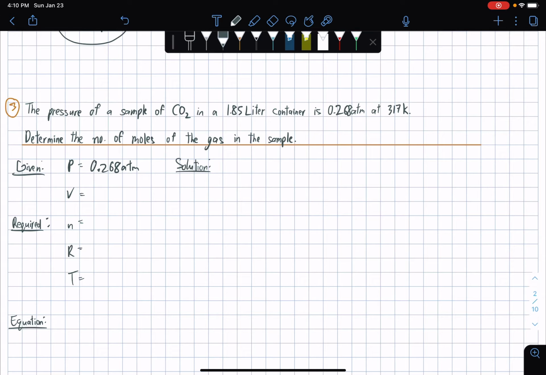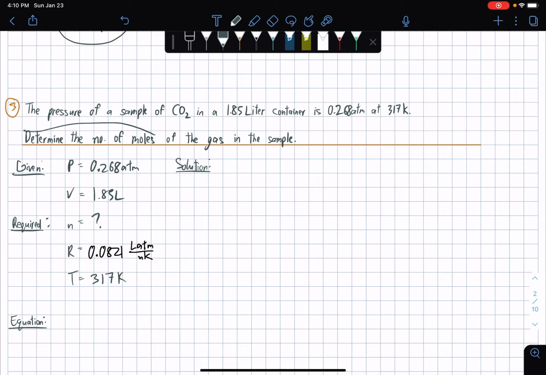For volume, we are provided 1.85 liters. For number of moles, that's what we're trying to find. Determine the number of moles of gas in the sample. For the gas constant, as always, it's 0.0821 L·atm over mol·K. For temperature, we have 317 Kelvin.